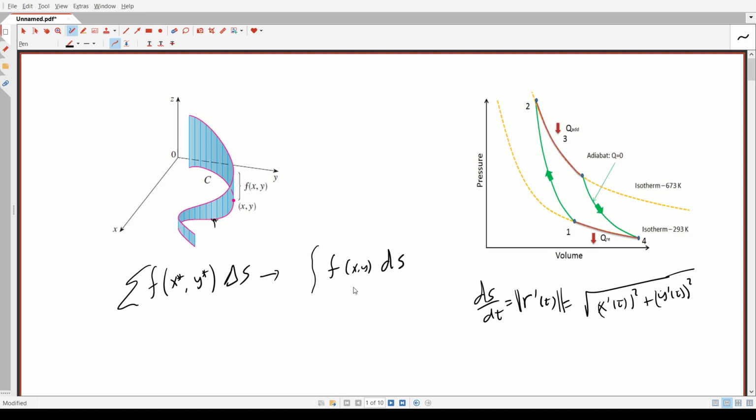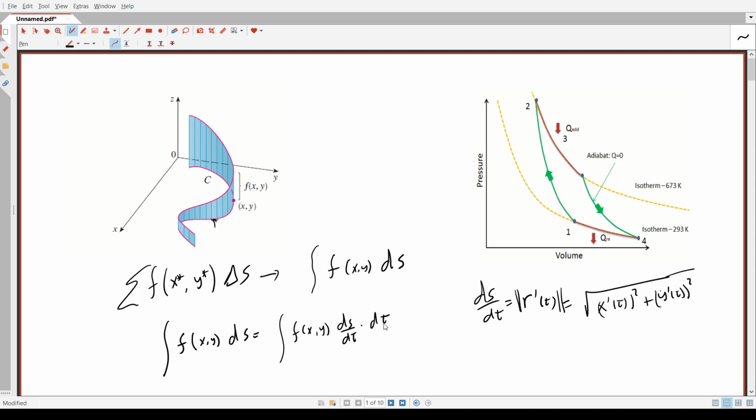Okay, so if we have this integral and I want to integrate f of x y ds, I can basically think of this as multiply and divide by dt. So this is f of x y, ds over dt, times dt.